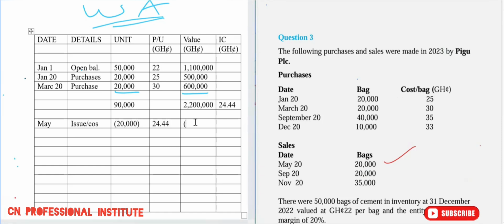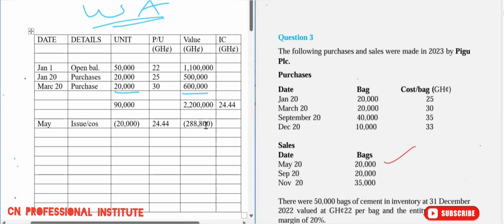And then that should give us 20 at 24.44, which is 488,800, right?